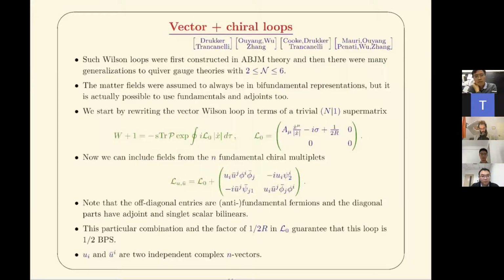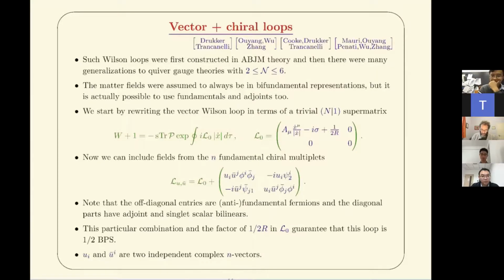In previous constructions, the matter fields were always assumed to be in the bifundamental representation of 2 gauge groups, but as I will show you, it's actually possible to use fundamentals and adjoints. So in this talk, let me start with a case of fundamental fields.